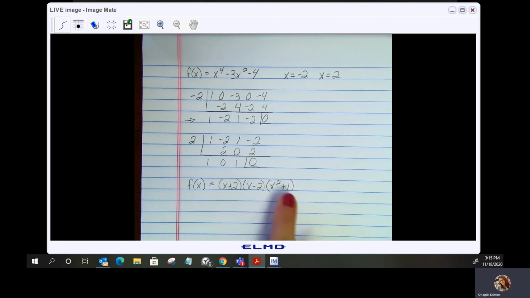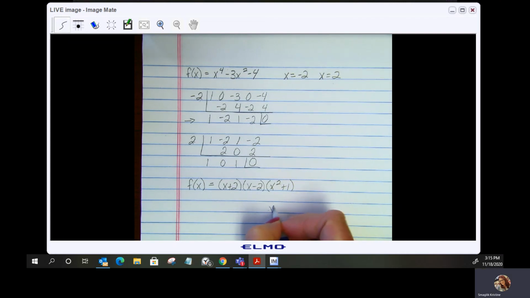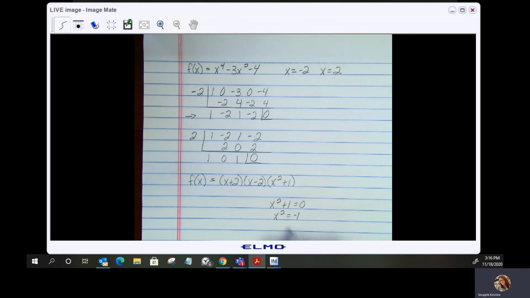So let's just go ahead. We'll use the square root property and get the zeros out of this guy. x squared plus 1 equals 0. Subtract the 1 from both sides. Oops, negative 1. I've got to get rid of the square. Take the square root of both sides. Don't forget the plus minus. Times the square root of negative 1.